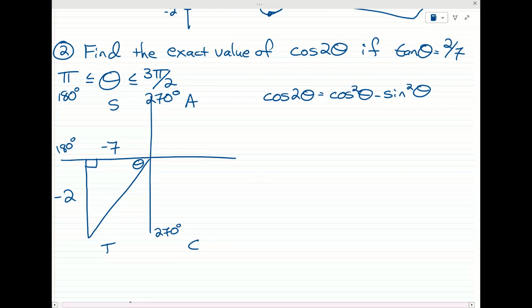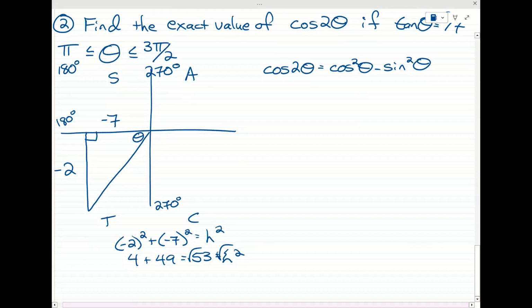So in order to find cosine or sine, we have to figure out the hypotenuse. To get the hypotenuse, we'll do Pythagorean theorem. -2 squared plus -7 squared equals our hypotenuse squared. 4 plus 49 is 53. And then taking the square root here, you get the hypotenuse is the square root of 53.